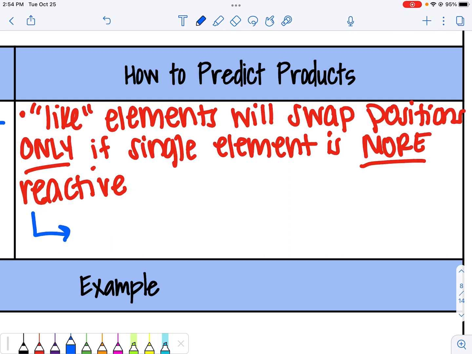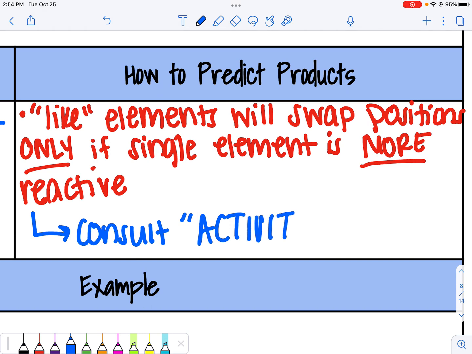How do we decide if it's more reactive? We consult the activity series, also known as the reactivity series.